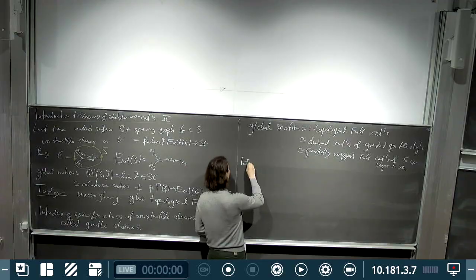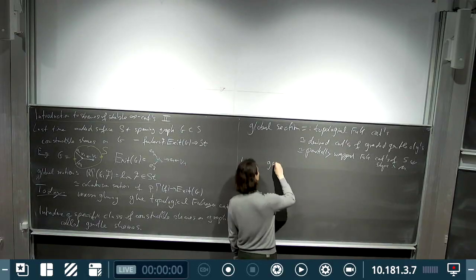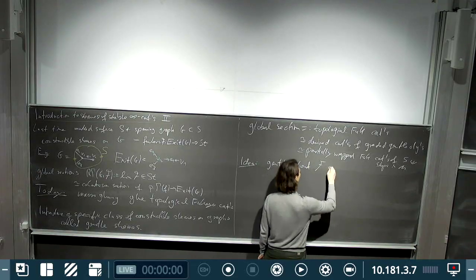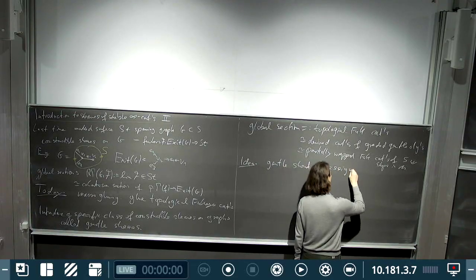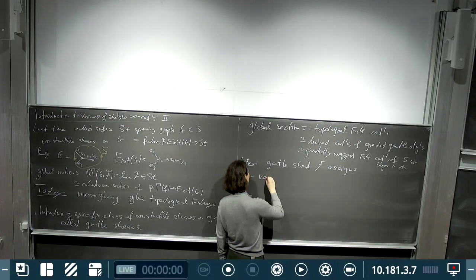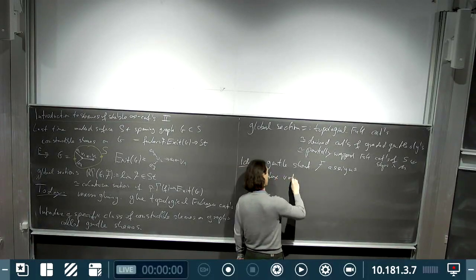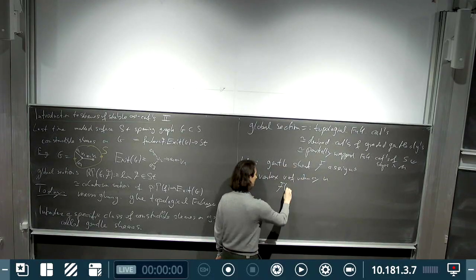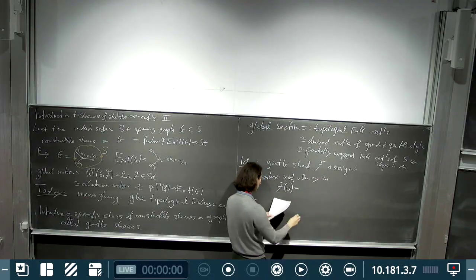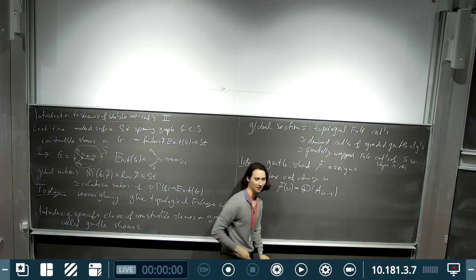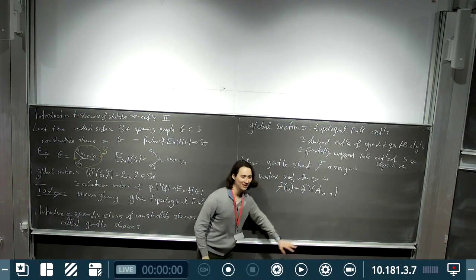So what is the idea? A gentle sheaf F assigns, and this is really super basic, to a vertex v of valency n the derived category of A_{n-1} proper. The minus 1 here is somewhat important.